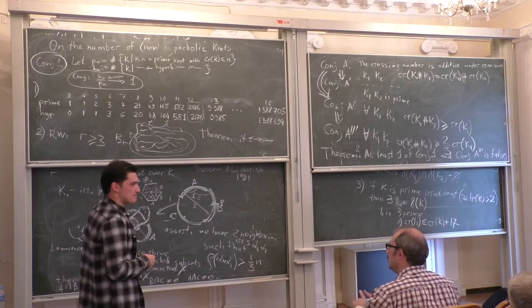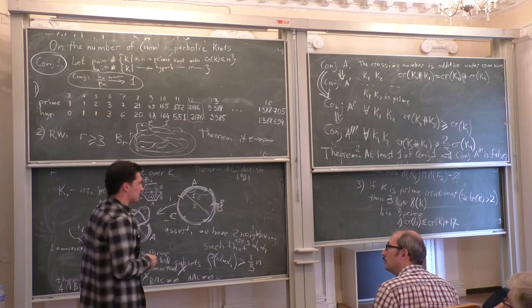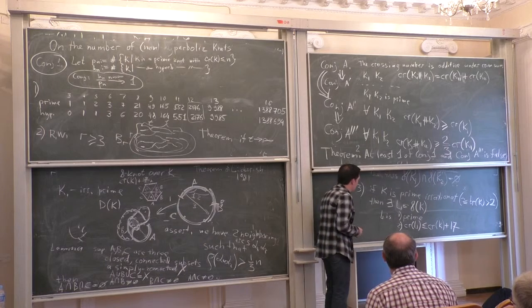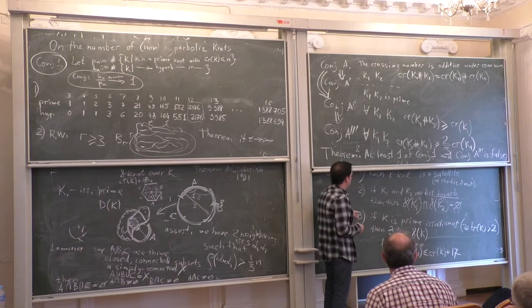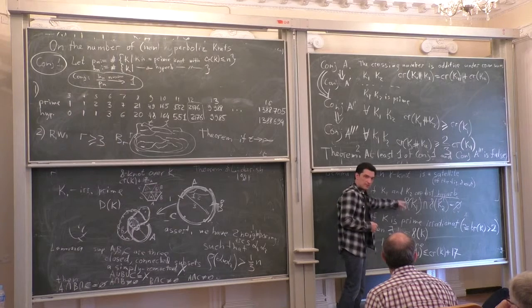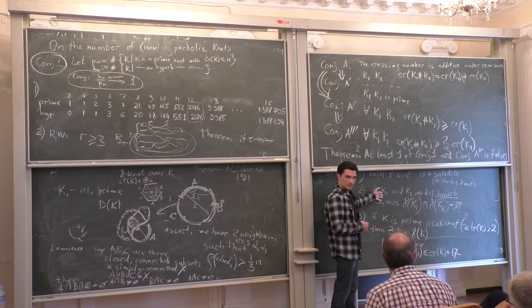Why do you need to orient them coherently when you make this figure? Because I'm obtaining figure 8 knots over something, it's the definition.